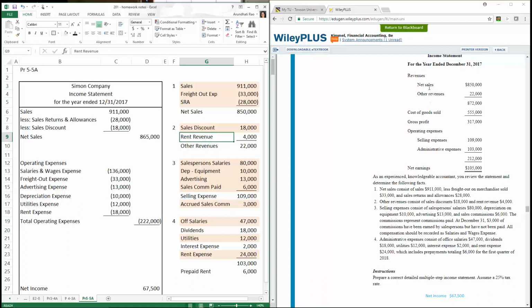Let's go back over here. We looked at the net sales number, we analyzed it. Other revenues, we analyzed it, and this rent revenue has to be placed here at the bottom. We have cost of goods sold. Net sales minus cost of goods sold gives us a subtotal which we call the gross profit.